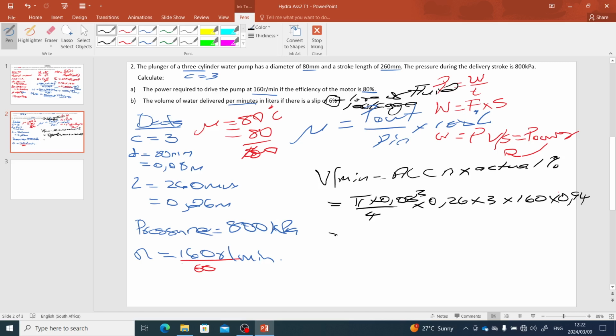Then our answer would be pi multiplied by 0.08 squared divided by 4, multiplied by 0.26, multiplied by 3, multiplied by 160, multiplied by 0.94.